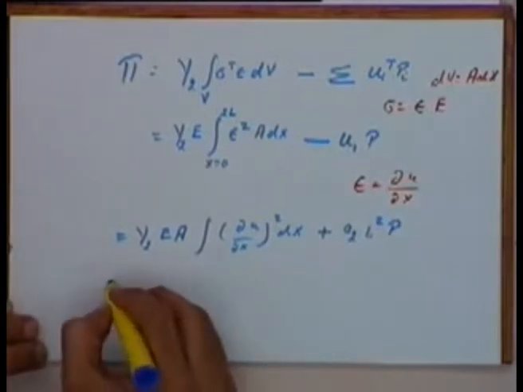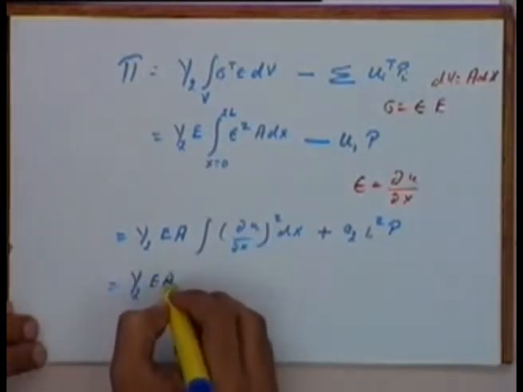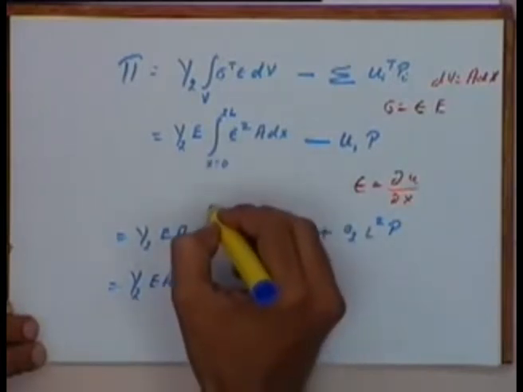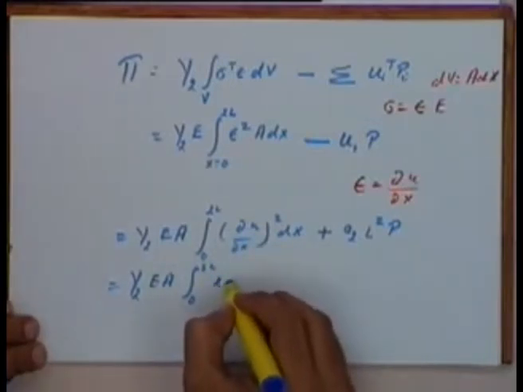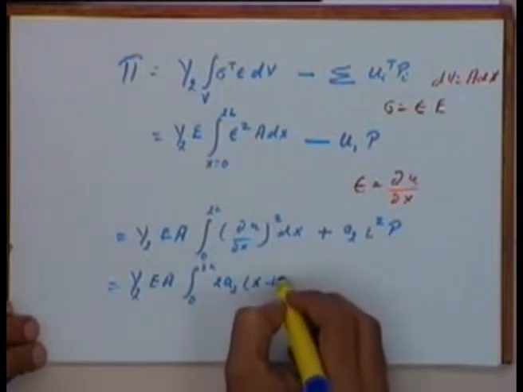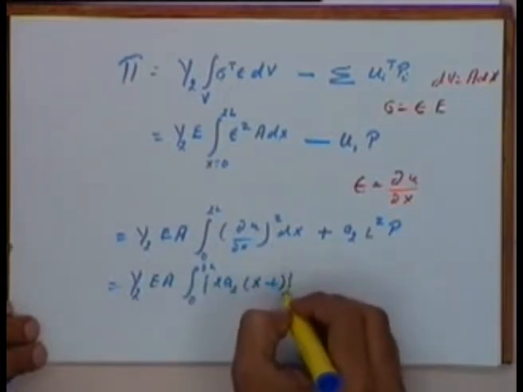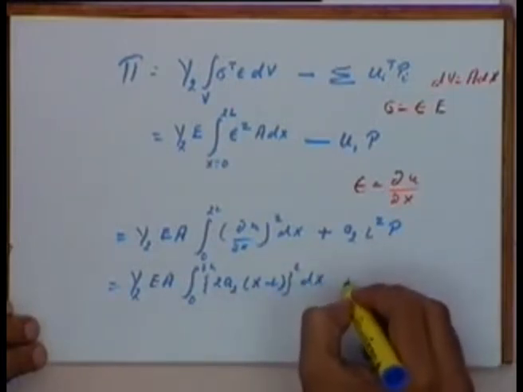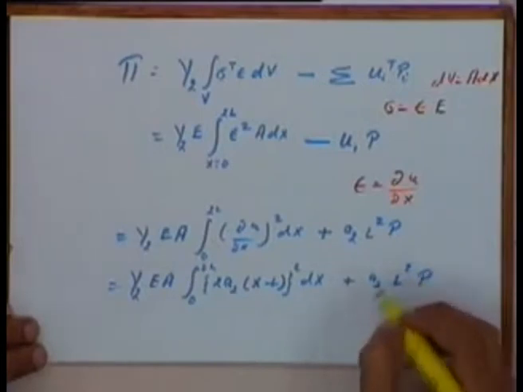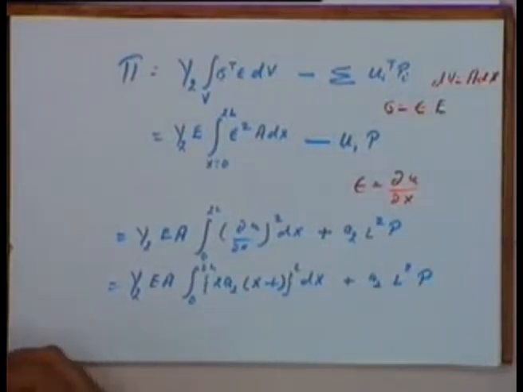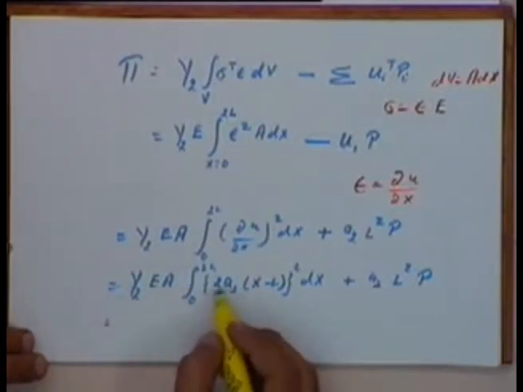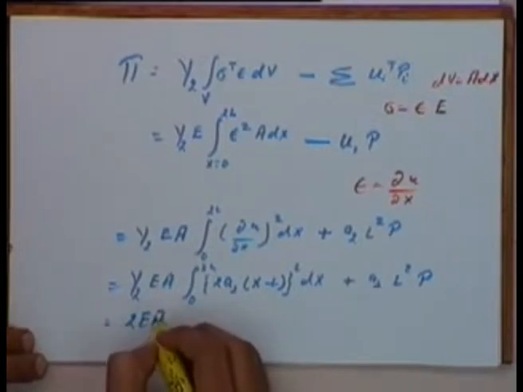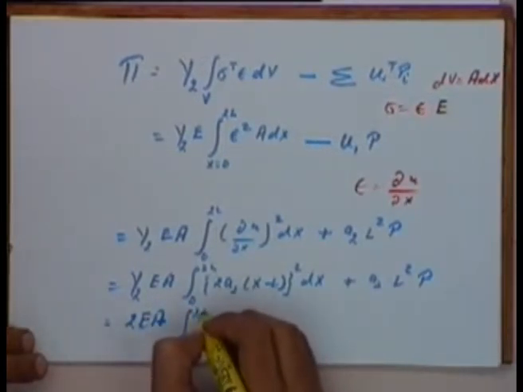So this would be equal to half of E A into the integral from 0 to 2L, where del u by del x is 2 a2 into (x minus L), this whole thing squared dx, plus a2 L squared P. We just simplify this: half E A, this will become 4, so this will become 2 E A integral from 0 to 2L.